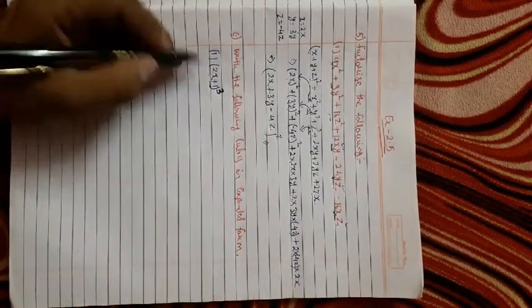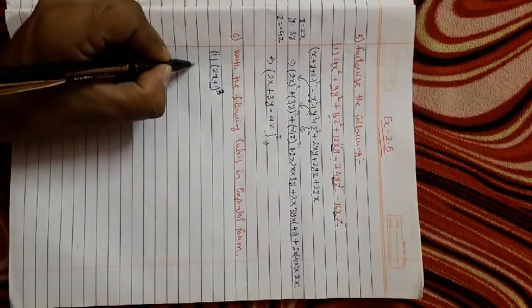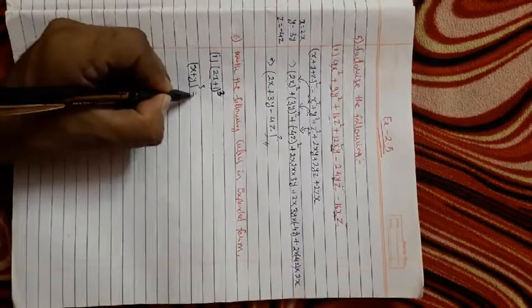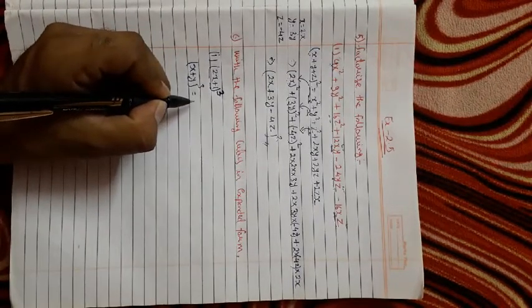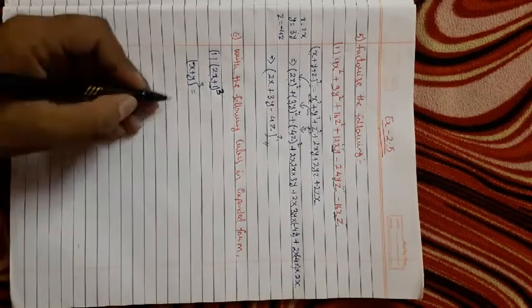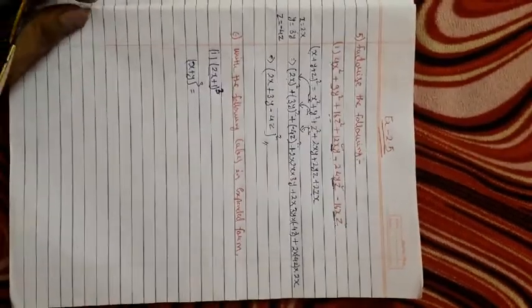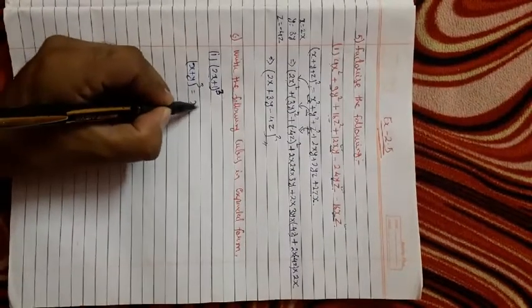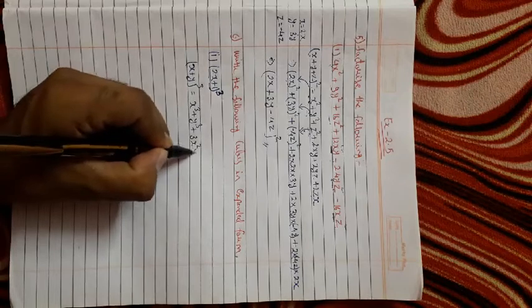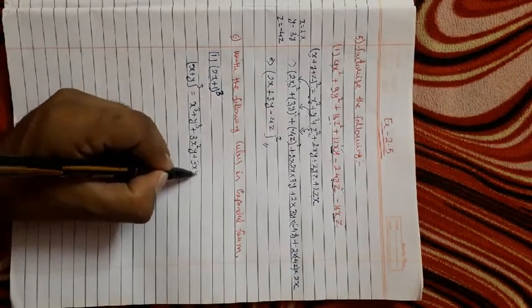While comparing, I got the identity: x plus y whole cube is equal to x cube plus y cube plus 3x square y plus 3xy square.